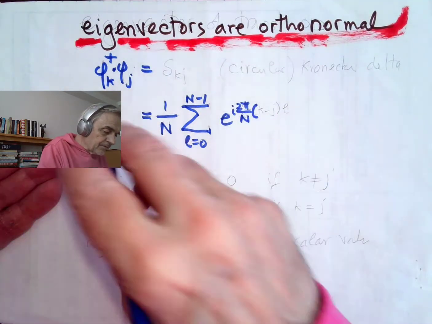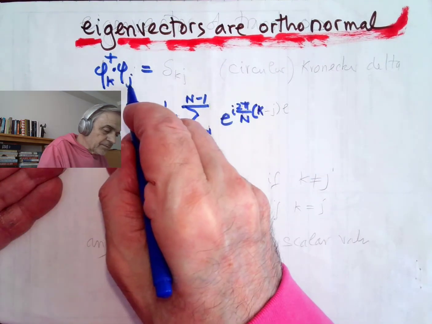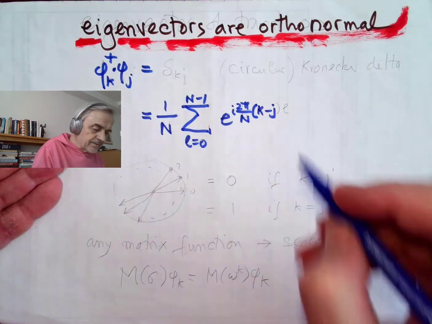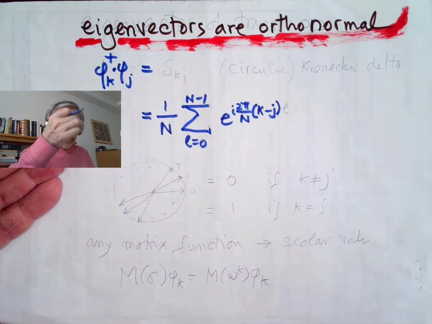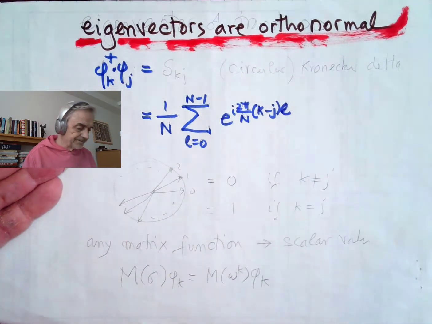It's raised to power k or to power j, but with relative sign, because one is a complex conjugate. And then as you go, the 0th component gives you this factor here.